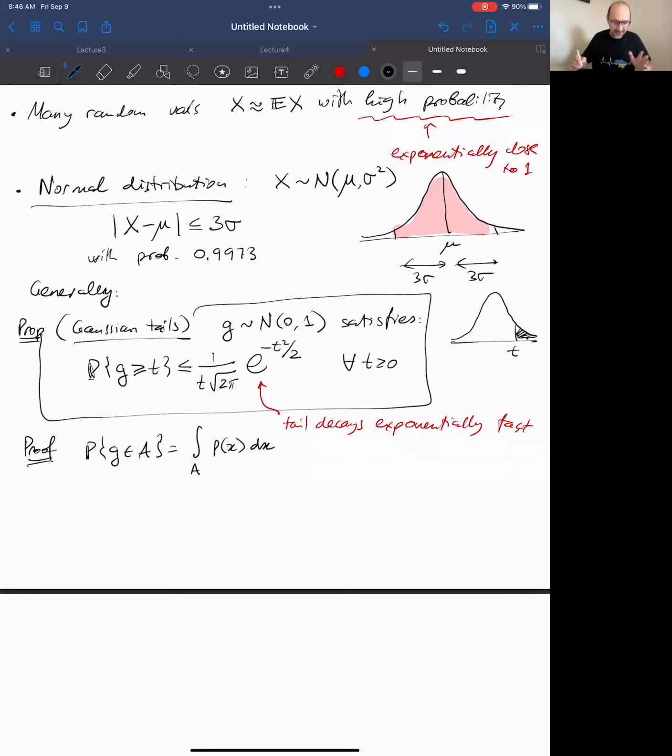So in our case, A is the set from t onward. This is our set A. So the probability that G is greater than t, we integrate from t onward, a half open interval, the Gaussian density. Do you still remember the Gaussian density? This one, that's the standard normal density.